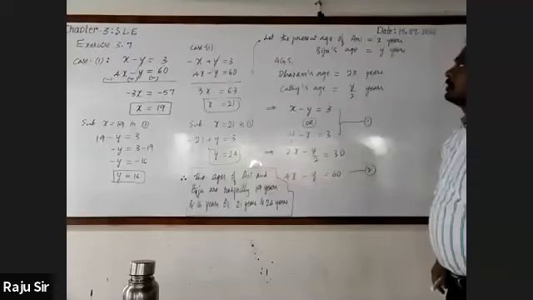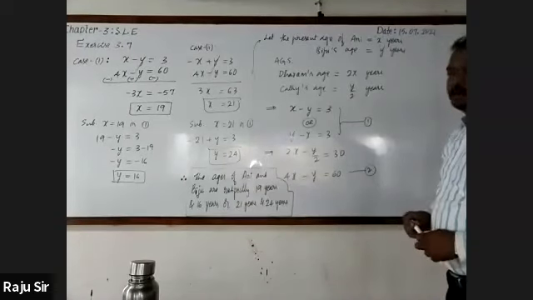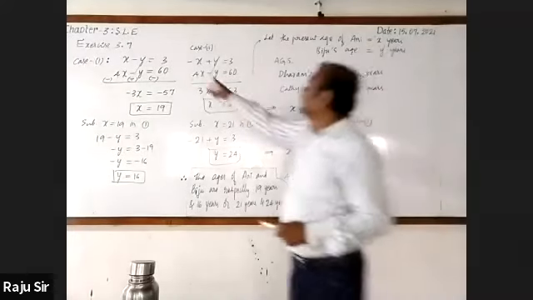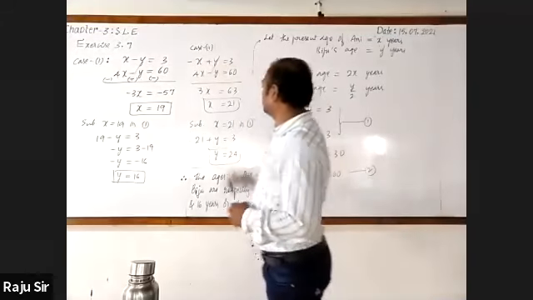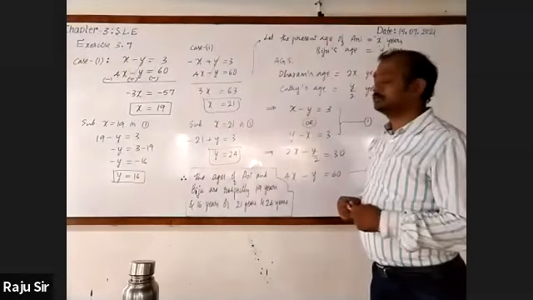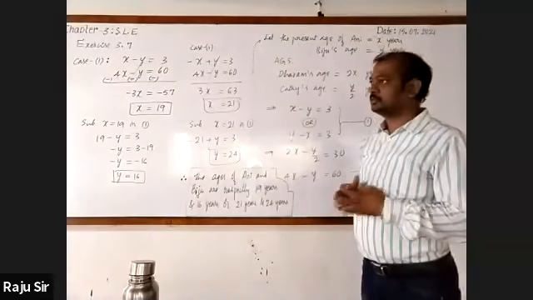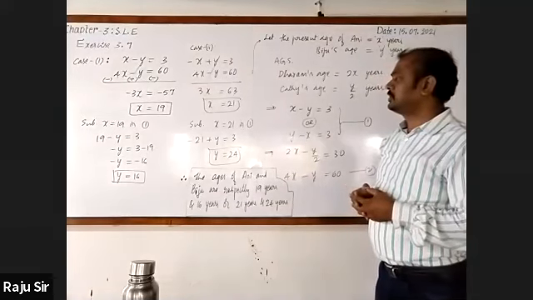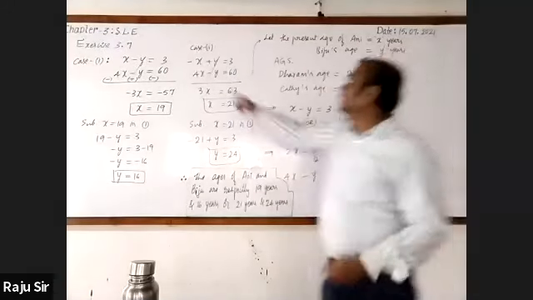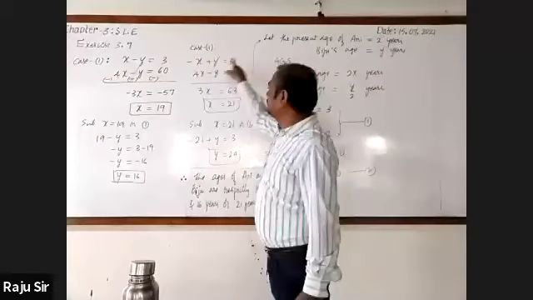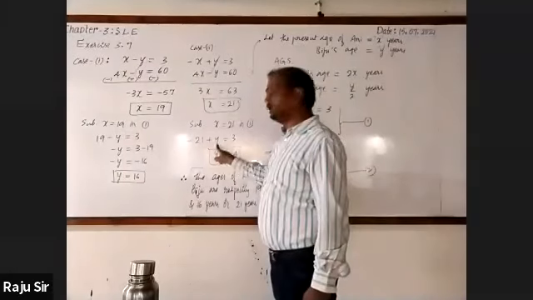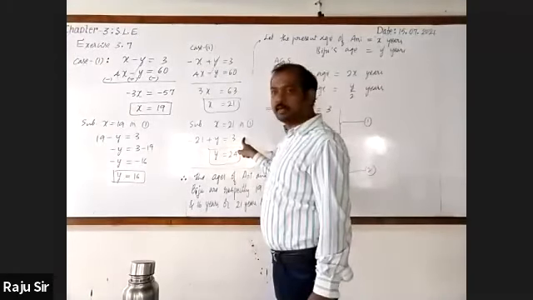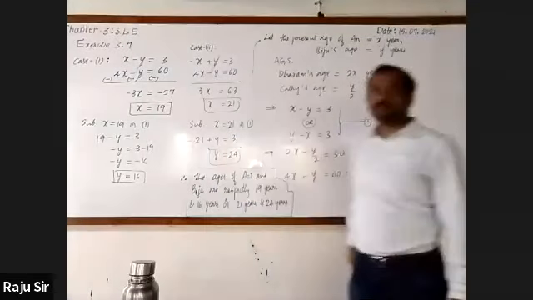Substitute x equals 21 in equation 1. It is minus x plus y equal to 3, so y minus x equals 3. It is correct. Minus 21 plus y equal to 3. Transfer minus 21 to the right hand side. It becomes plus 21. 21 plus 3, 24.